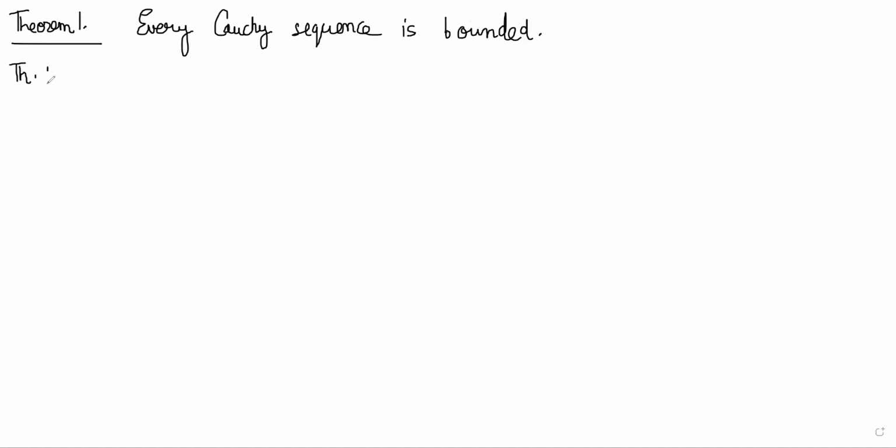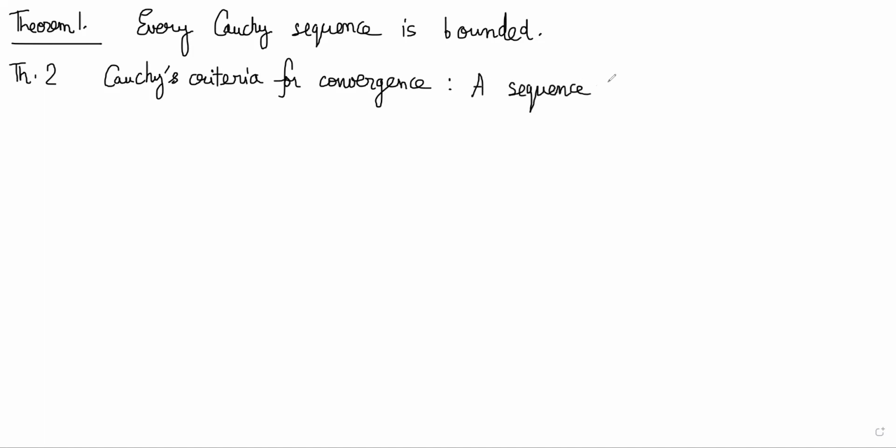Then the second one is Cauchy's criteria for convergence. It says that a sequence converges if and only if it is a Cauchy sequence.